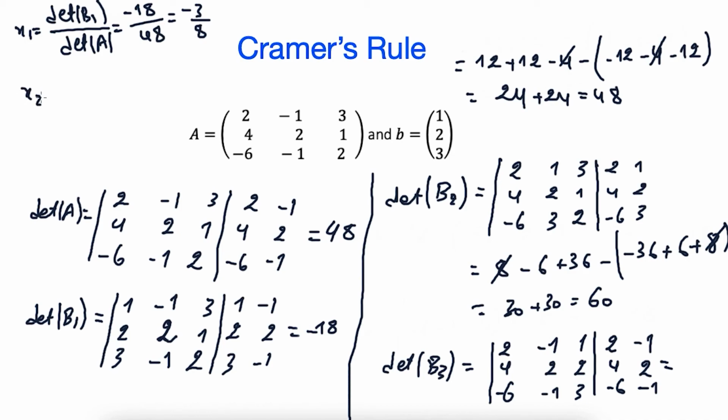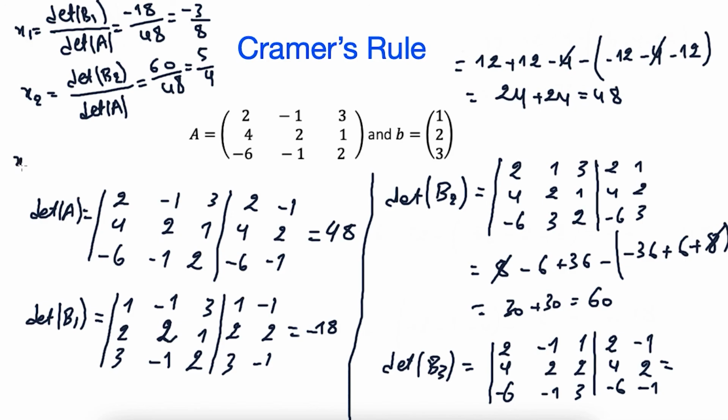And x2 is just determinant of b2 here over determinant of a, and this equals, determinant of b2 here is 16 over 48. And when we divide by 12, 16 divided by 12 is 4 over 3, and 48 divided by 12 is 4.